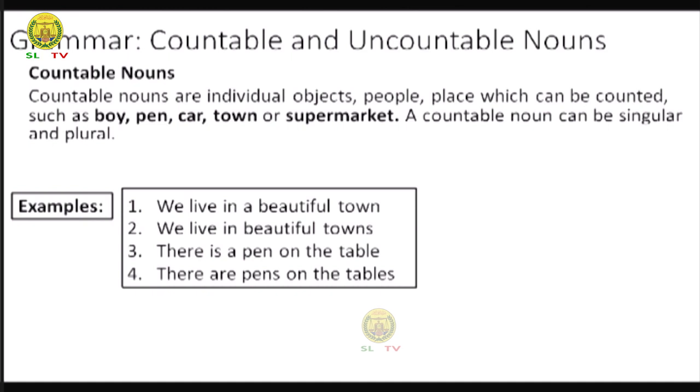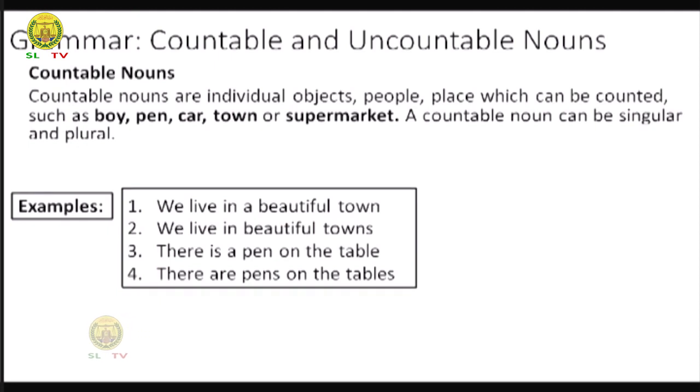Or you can say there are pens on the tables. If there are a lot of tables in front of you, you can say there are pens on the tables. But if there is a single table, you can say there is a pen on the table.